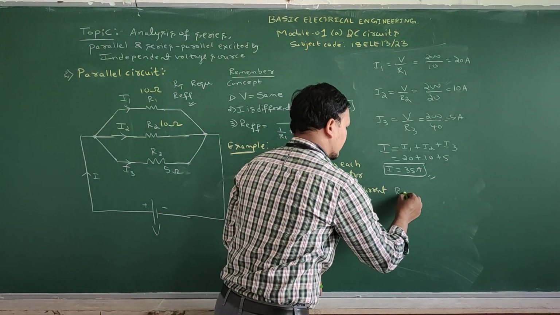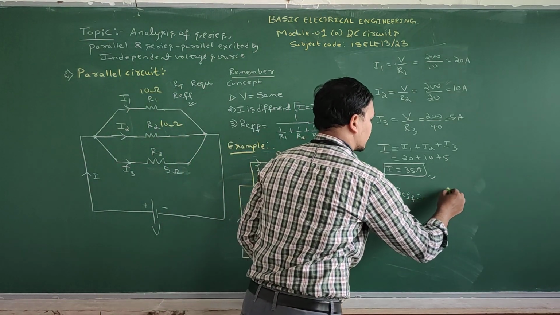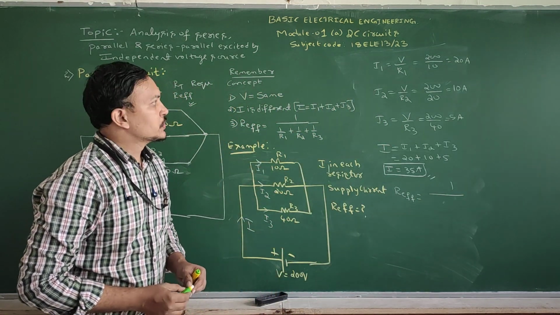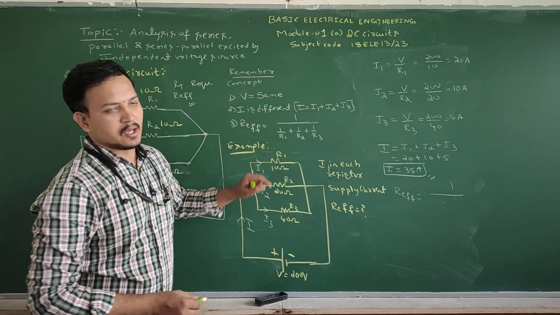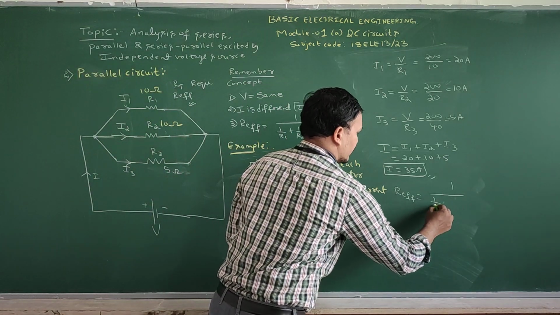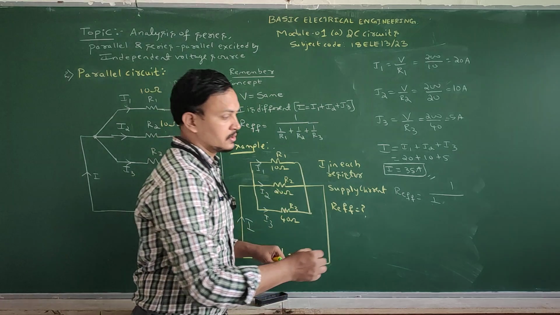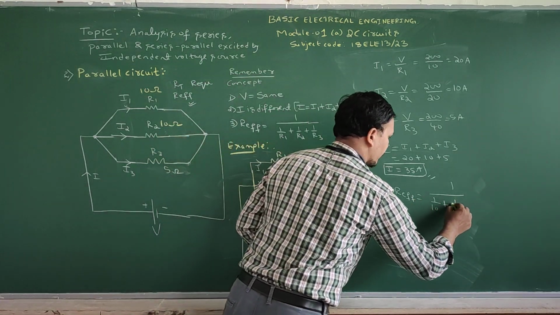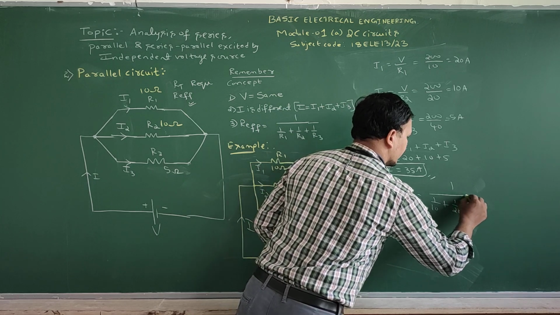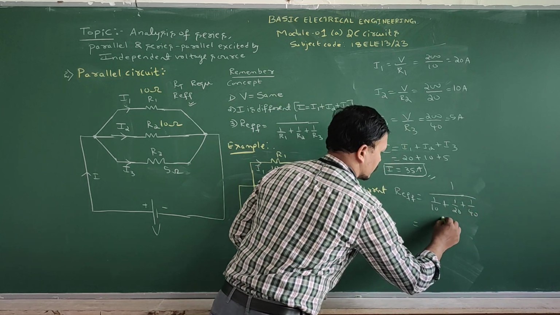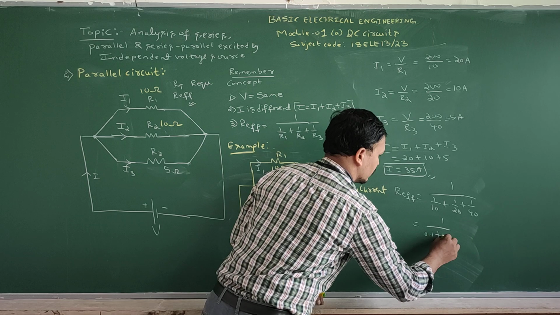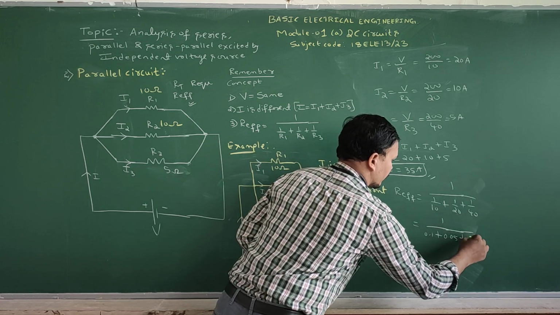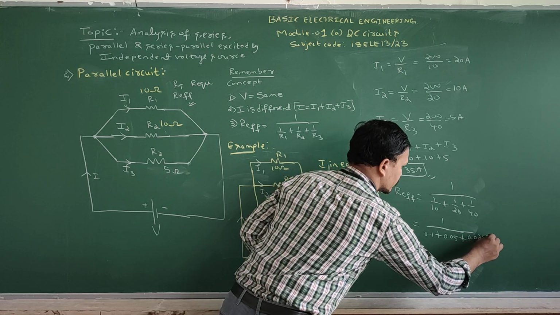So what is effective resistance? Effective resistance is 1 divided by, we don't have any identical values, so we can go with this formula. 1 by first resistor. What is the first resistor value? 10 ohms. Plus 1 by 20 plus 1 by 40. So 1 by 10 is 0.1, 1 by 20 is 0.05, plus 1 by 40 is 0.025.